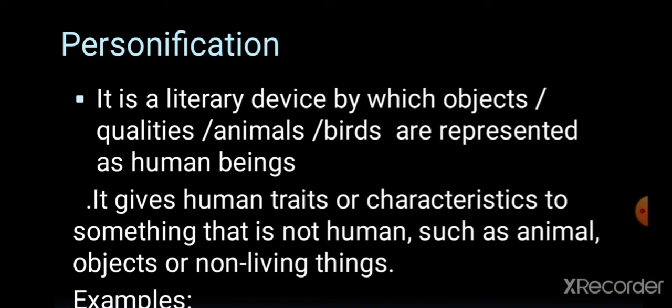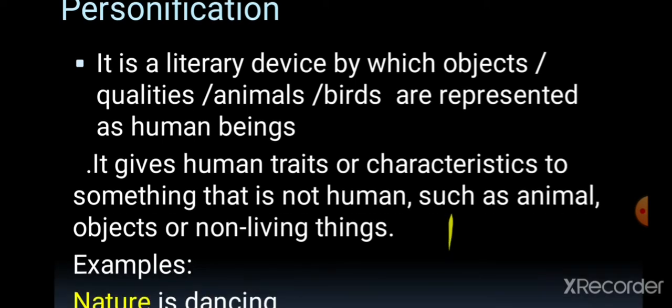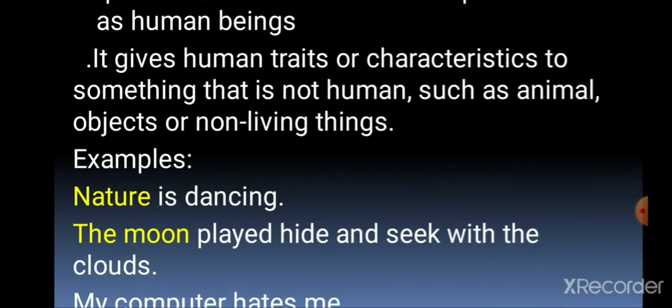It gives human traits or characteristics to something that is not human, such as animals or objects or non-living things. Let's start with the examples. Let's understand with the help of some examples students.